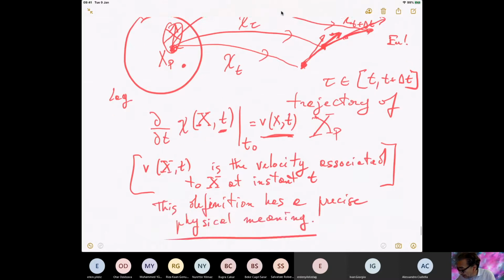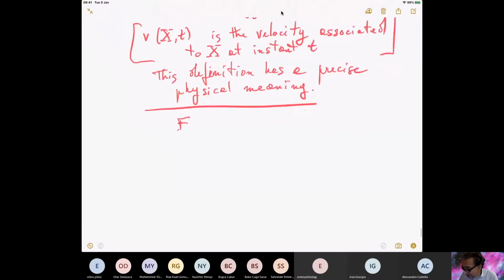Okay, so Euler, understanding this problem, defined what the Eulerian velocity field is.